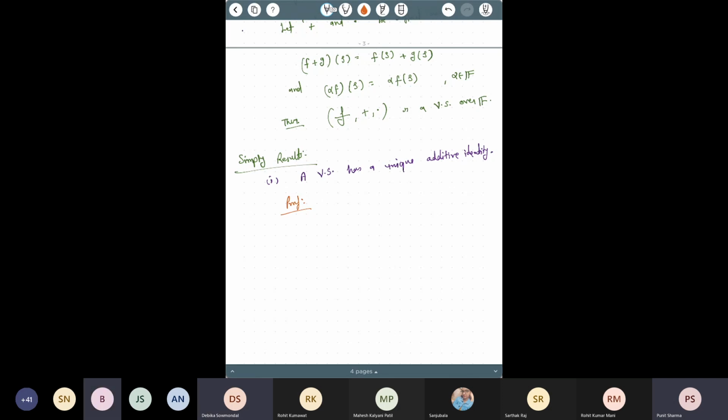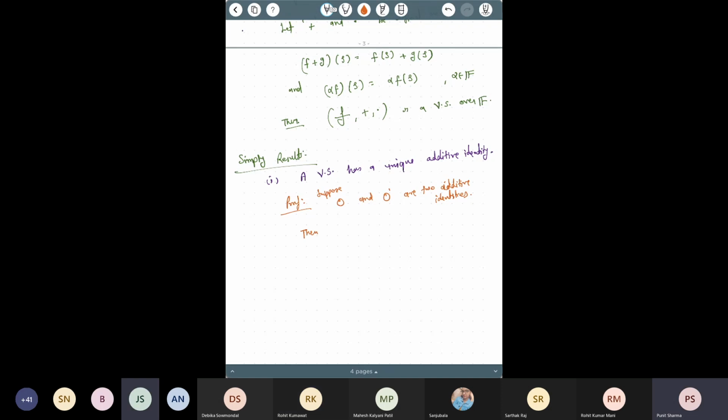Suppose 0 and 0 dash, which are just notation for additive identity I'm using, are two additive identities. Then you want to show that 0 is equal to 0 dash.